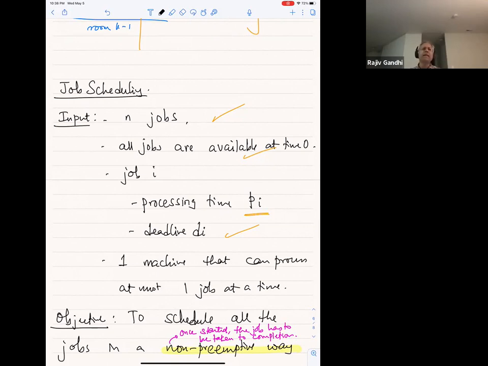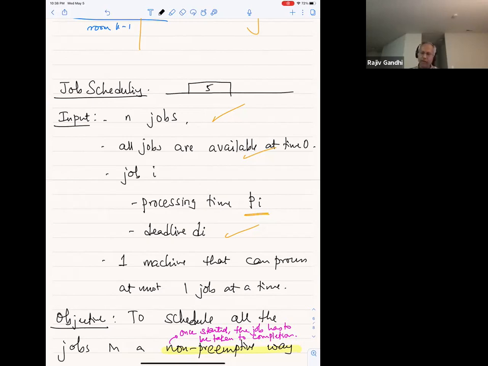Homework 1 will take, let's say, 5 hours, and its deadline is at 10 hours from now. So they are just numbers. Think of this as a timeline where this is job 1, that is homework 1, that takes 5 hours.